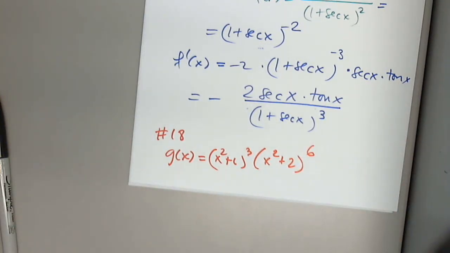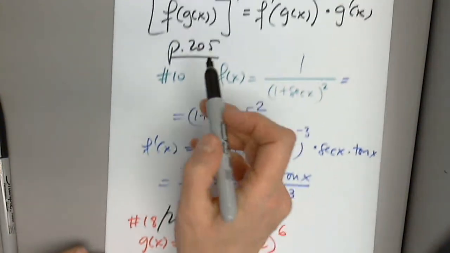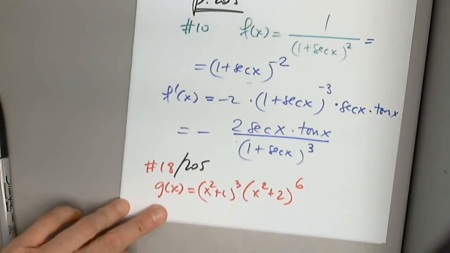And you could say, I don't need the product rule. Just take this to the third power, take this to the sixth power. I will need 2 hours to do this. Say it again. 205. Sorry. Yeah, all from 205 for now.